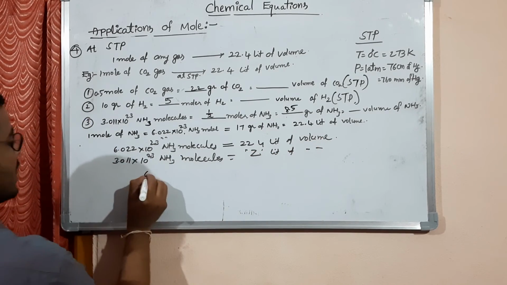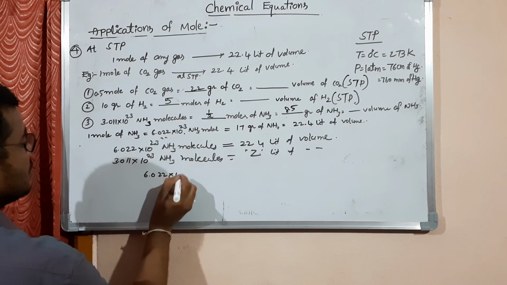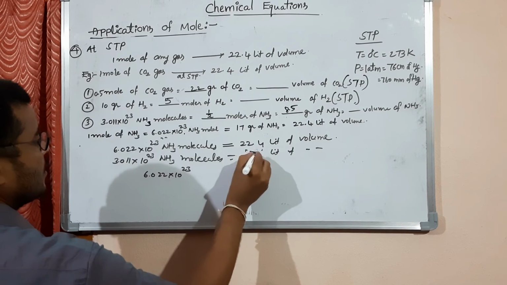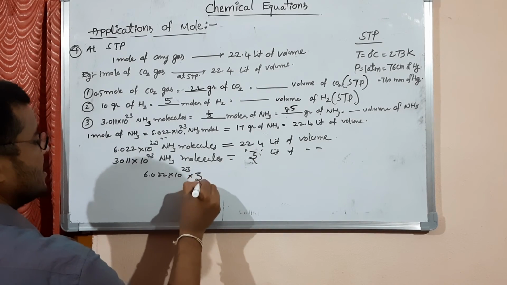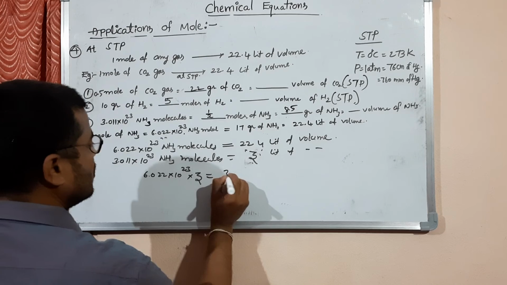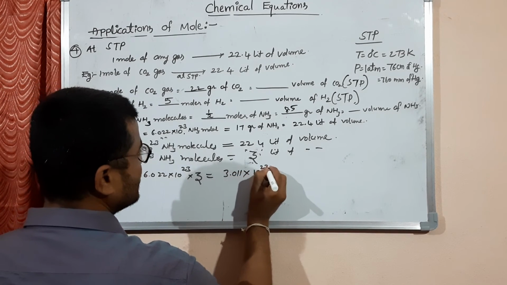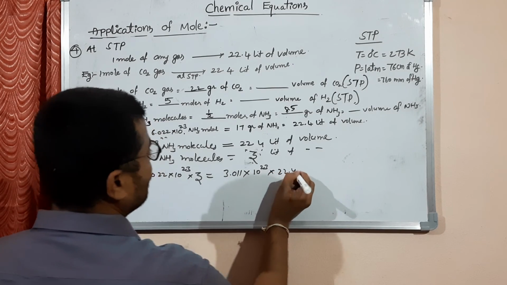Again cross multiply: 6.022 into 10 to the power of 23 into Z is equal to 3.011 into 10 to the power of 23 into 22.4.